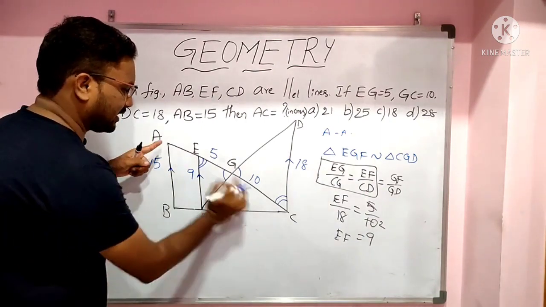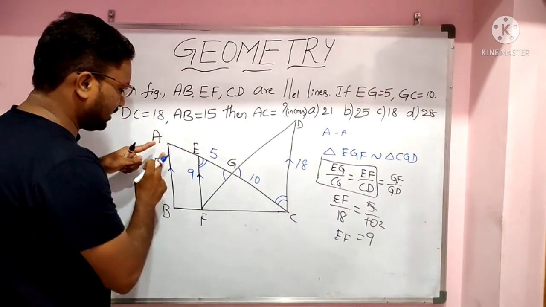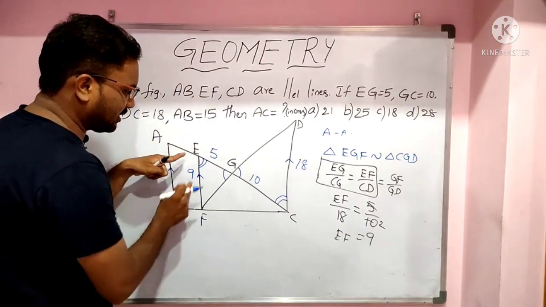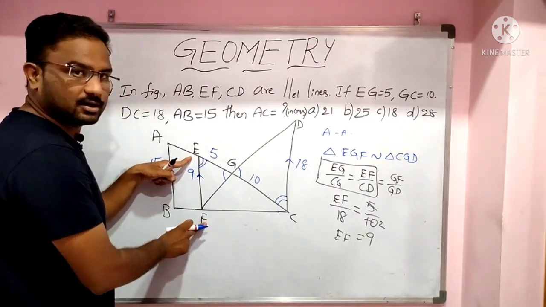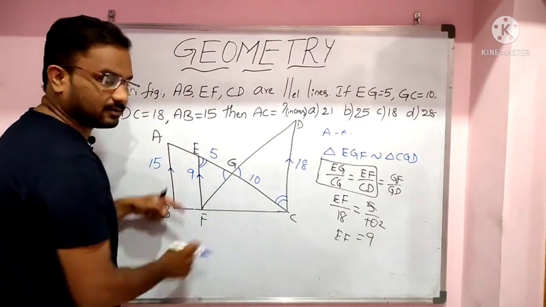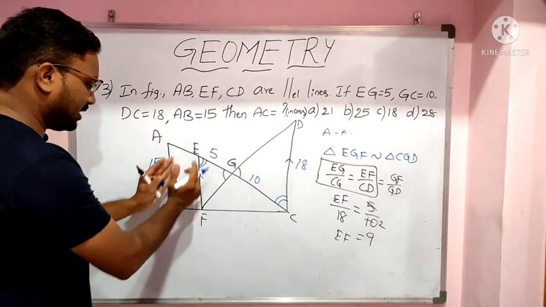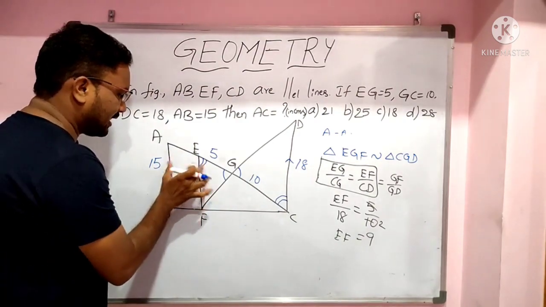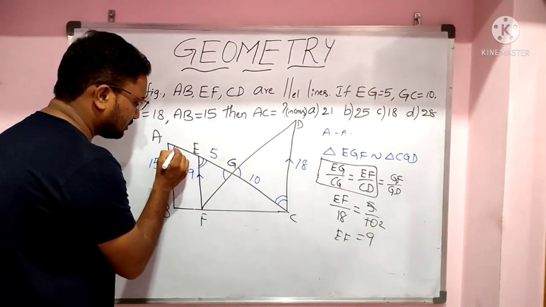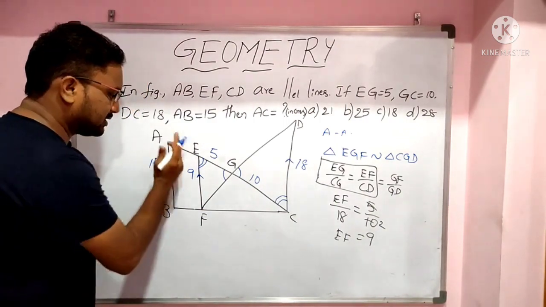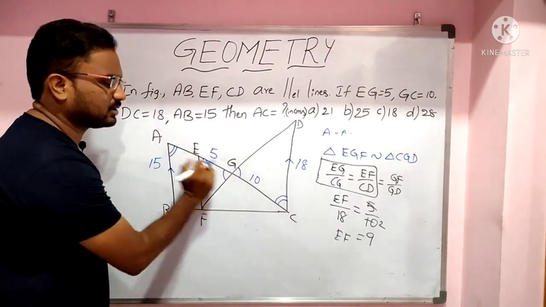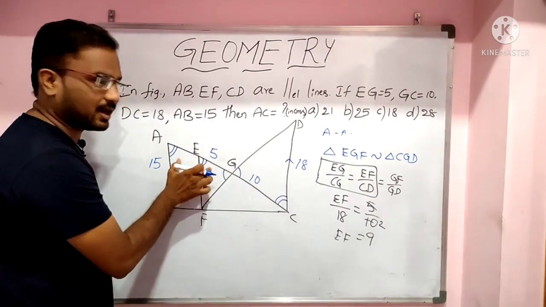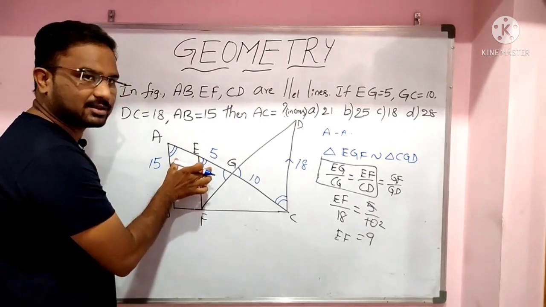If you observe these two triangles, triangle ACB and triangle ECF, here AB and EF are parallel. Hence, this angle and this angle both are equal. Why? These two are parallel lines and this is the transversal. So these two angles are corresponding angles.